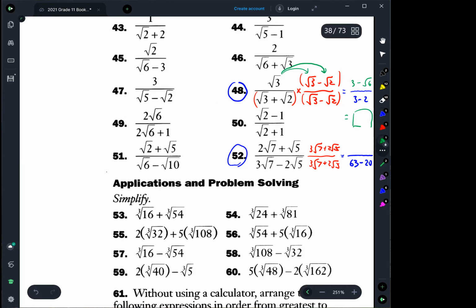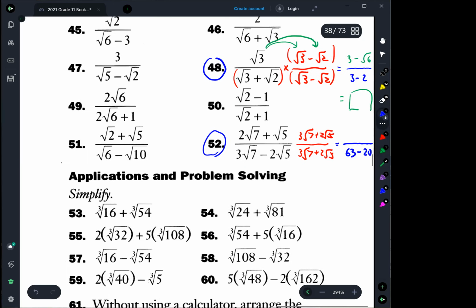The top, you just need to expand 4 things because you have 2 terms times 2 terms. So you have to expand one by one. Okay, then we'll do one at a time. So what's the first one? 2√7 multiplies 3√7, right?